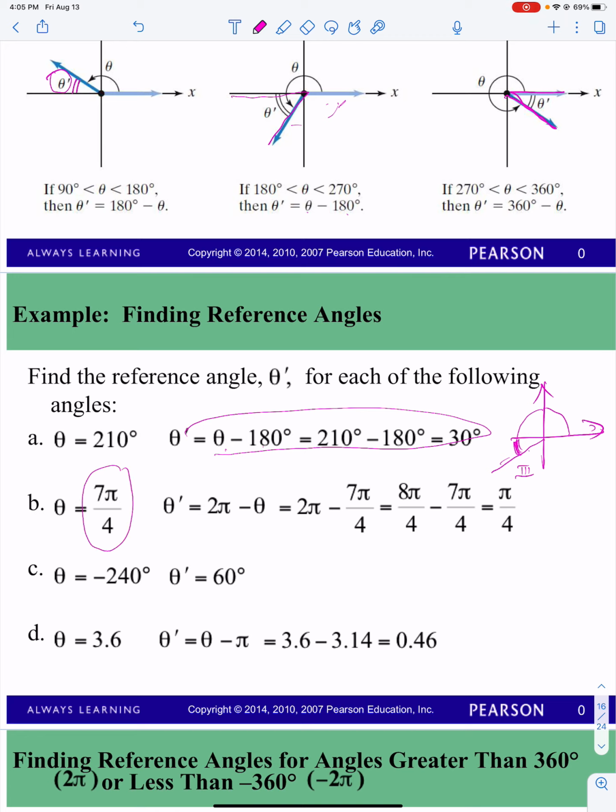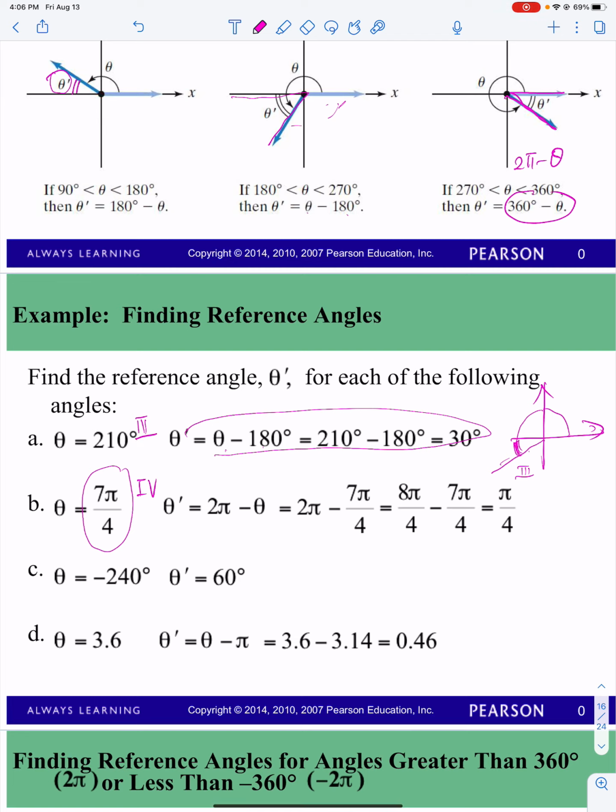In the fourth quadrant, it's 360 minus theta, or 2 pi minus theta if in radians. So the top one is the third quadrant formula, and this is the fourth quadrant formula.